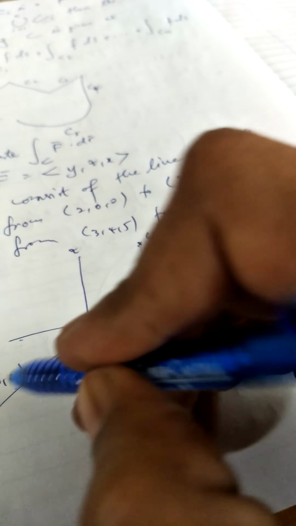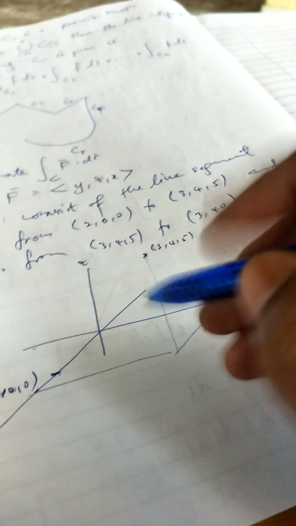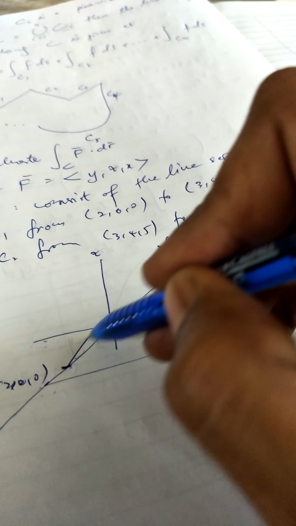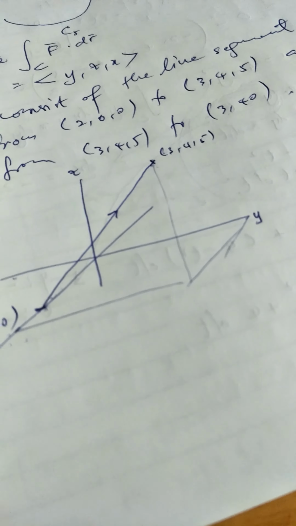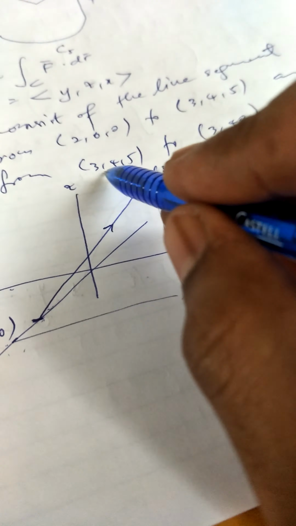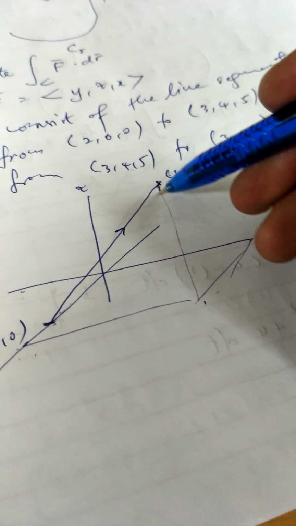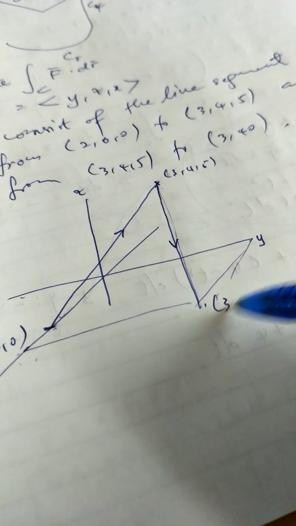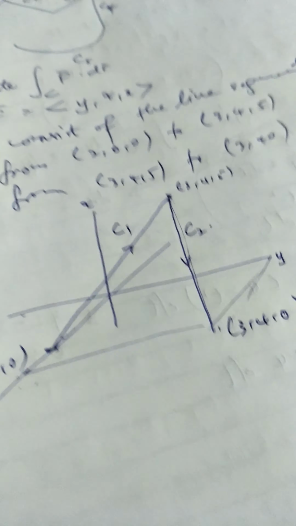So this is a path from (2, 0, 0) to (3, 4, 5), and then down to (3, 4, 0). This is C1, this is C2.